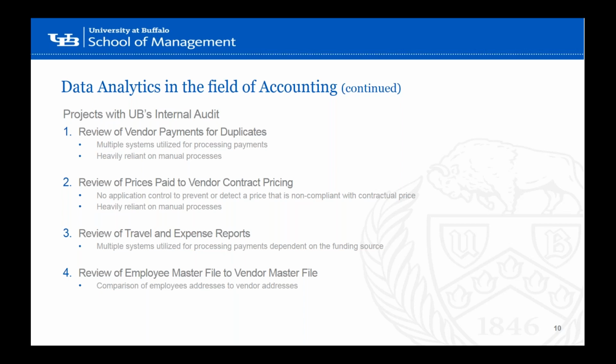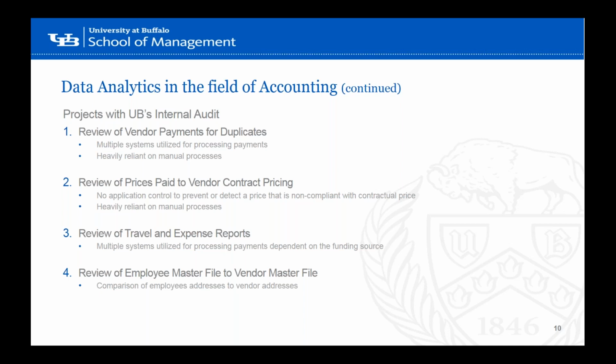UB Foundation is not included in what my class is reviewing, so pretty much just the state and the Research Foundation. As vendor invoices come in, depending on how they're coded or how somebody gives instructions, they could potentially be paid out of multiple systems.